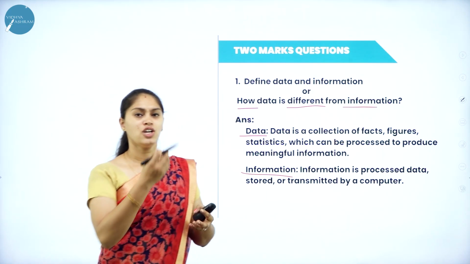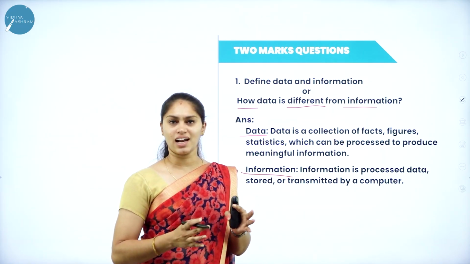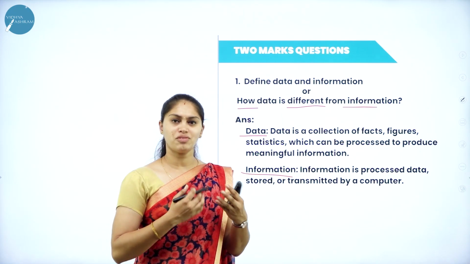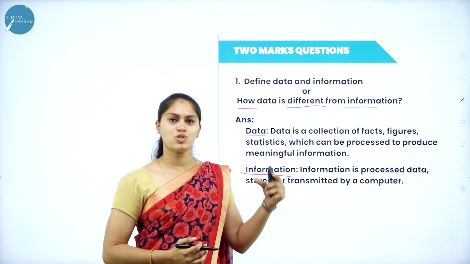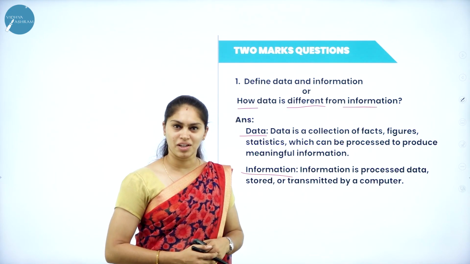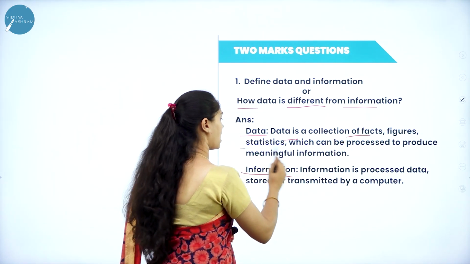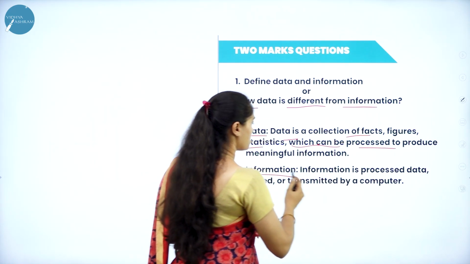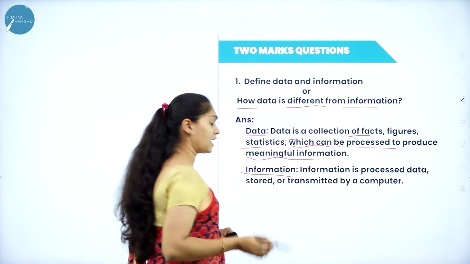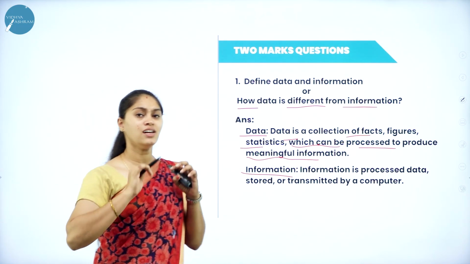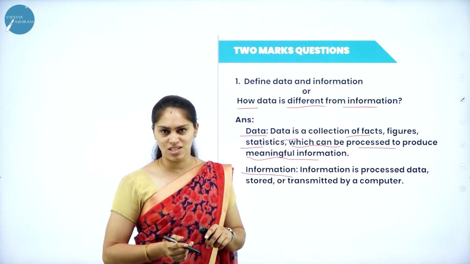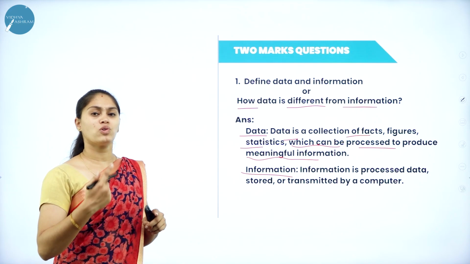If I say sugar cane, that is data. After processing, grinding and blending, we get sugar cane juice. That is information. Data is a collection of facts, figures and statistics which can be processed in order to produce meaningful information. Data is just a raw fact that needs to be processed, but information is processed data.